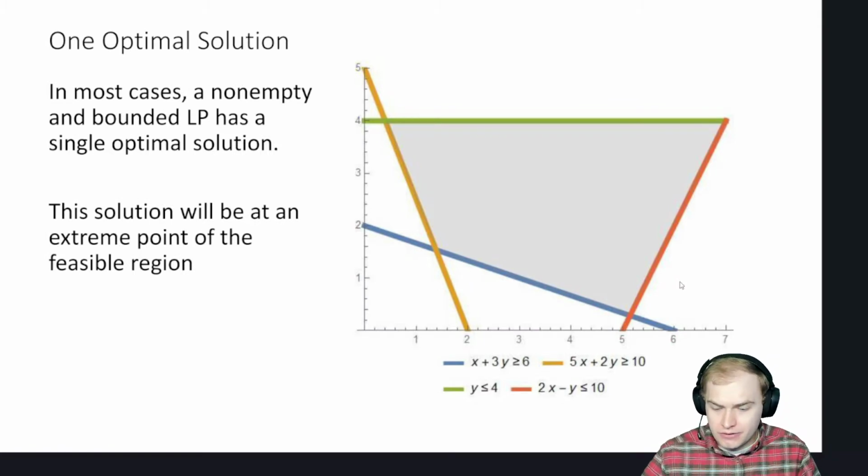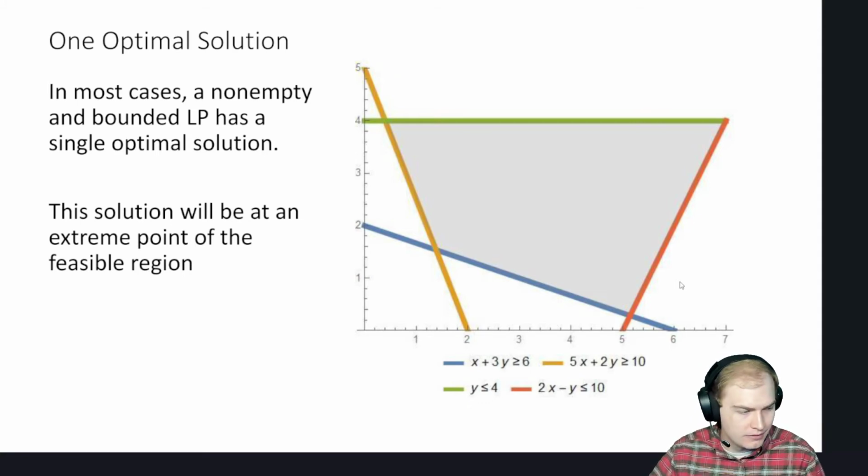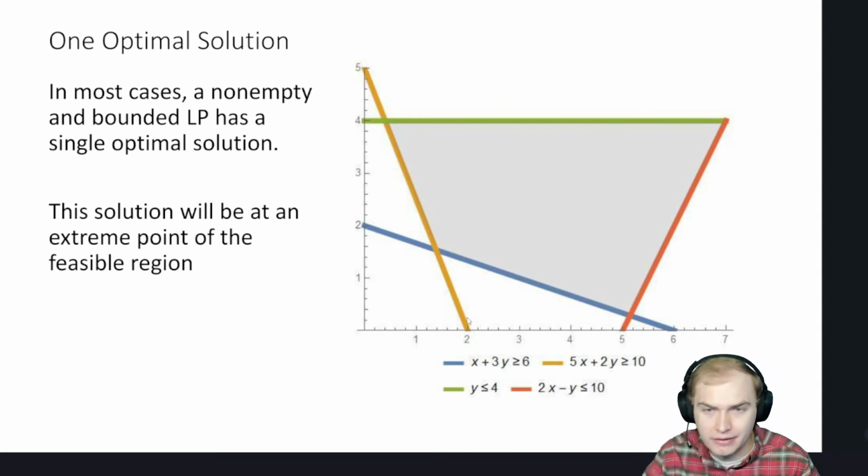Now, there are two more possibilities for outcomes of an LP. The first is a single optimal solution. This is the case for most LPs, and we've covered it at some length.